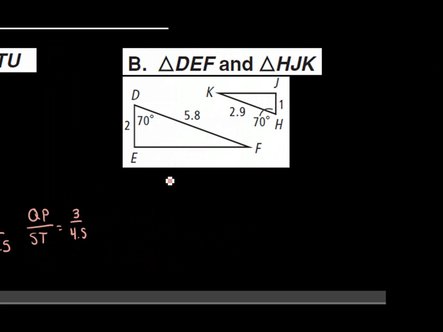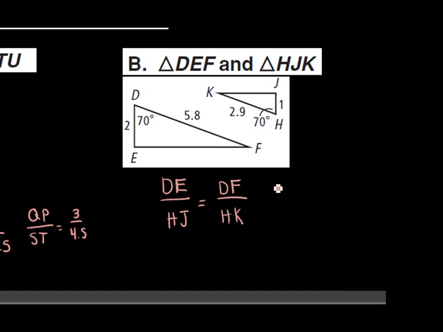And we can look at then DE to see if it is proportional with HJ. And we can also look at, let's say, DE, HJ, the hypotenuse, which would be DF, and HK.